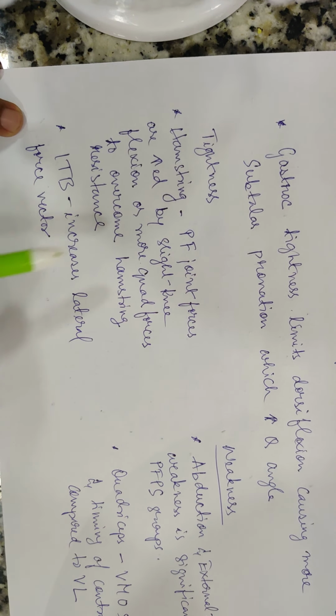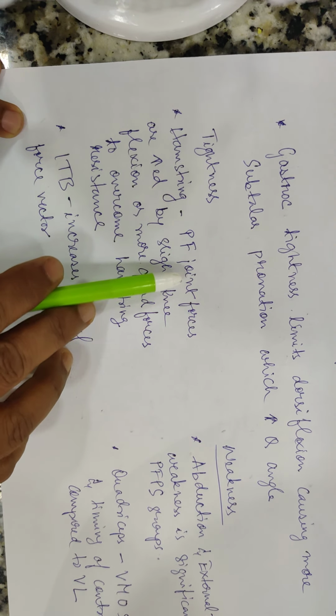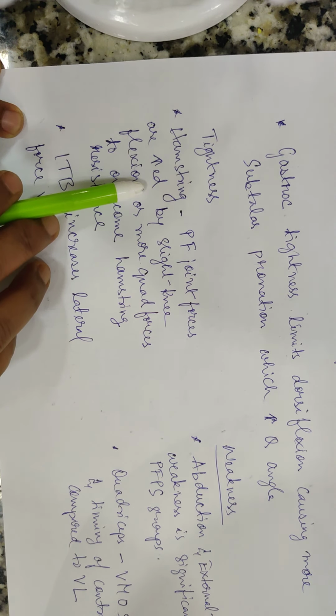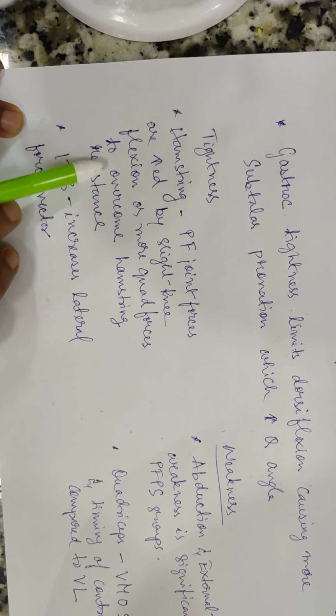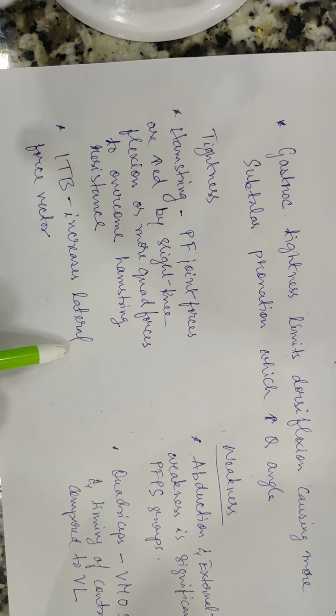So if the hamstrings are tight, the PF joint forces are increased by slight knee flexion, or more quadriceps force is needed to overcome the hamstring resistance. The ITB, as I said, if it is tight, increases the lateral force vector.